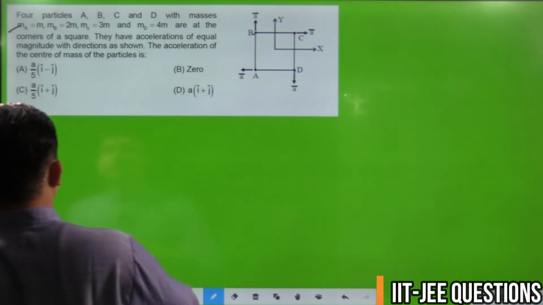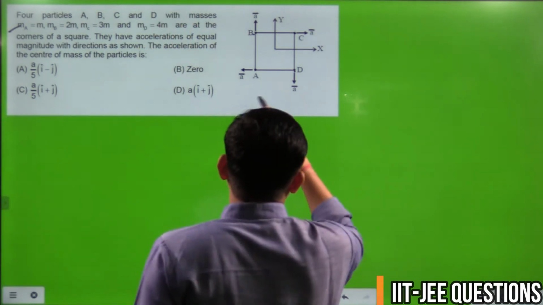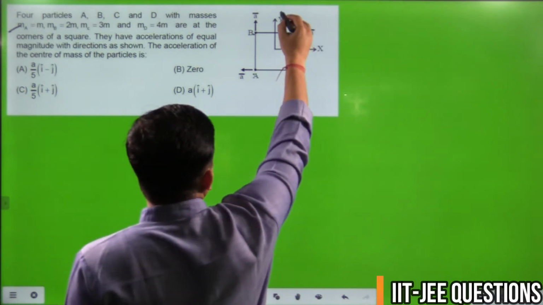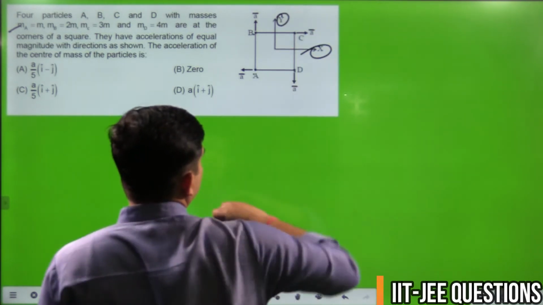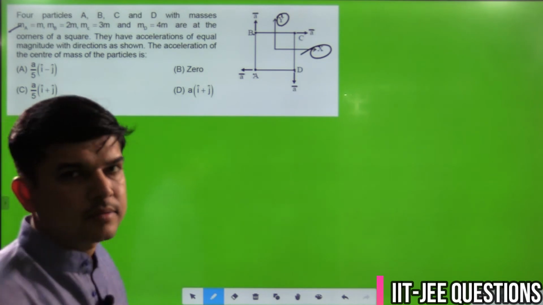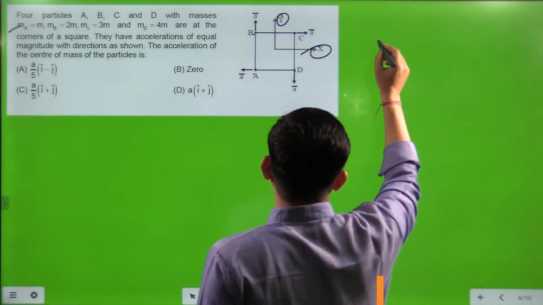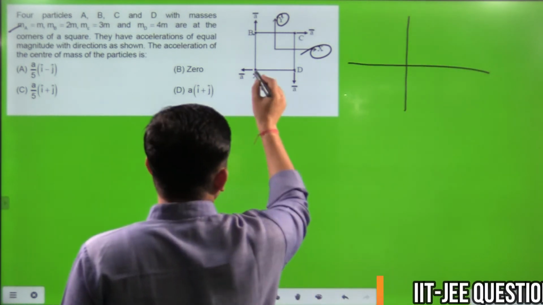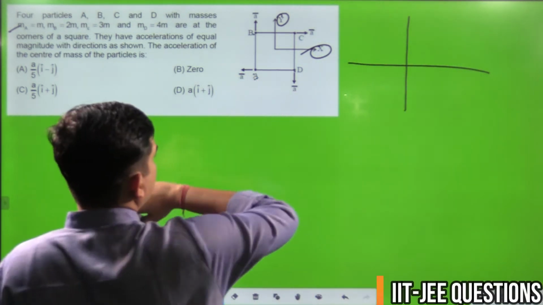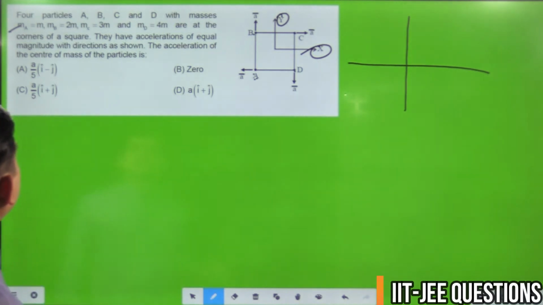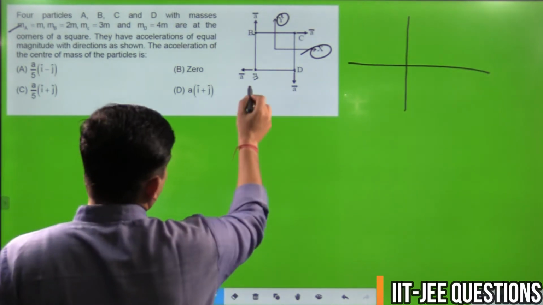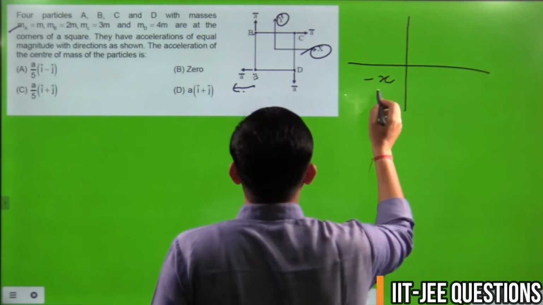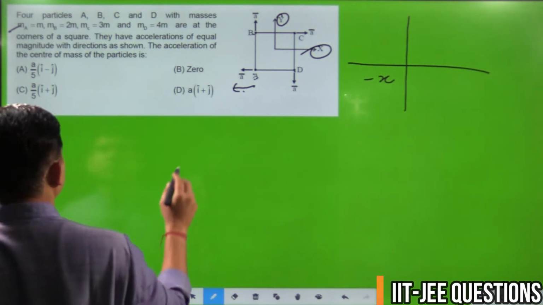Now in this question, the accelerations at points A, B, C and D. It's a vertical y-axis and horizontal x-axis. Then in this direction, the particle at point A has acceleration in this direction. It means what? It's minus x, that is minus i in polar form.